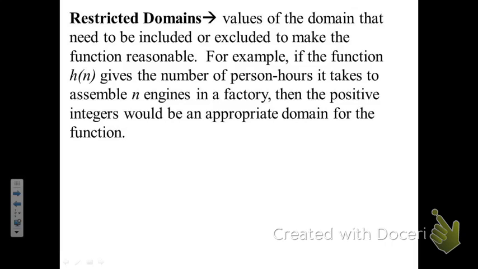What this means is that the positive integers, those would include 1, 2, 3, 4, 5, would be appropriate for the person-hours it would take to assemble engines. We cannot have a negative amount of engines, so we would say that our positive integers would reflect the engines that we are trying to produce.